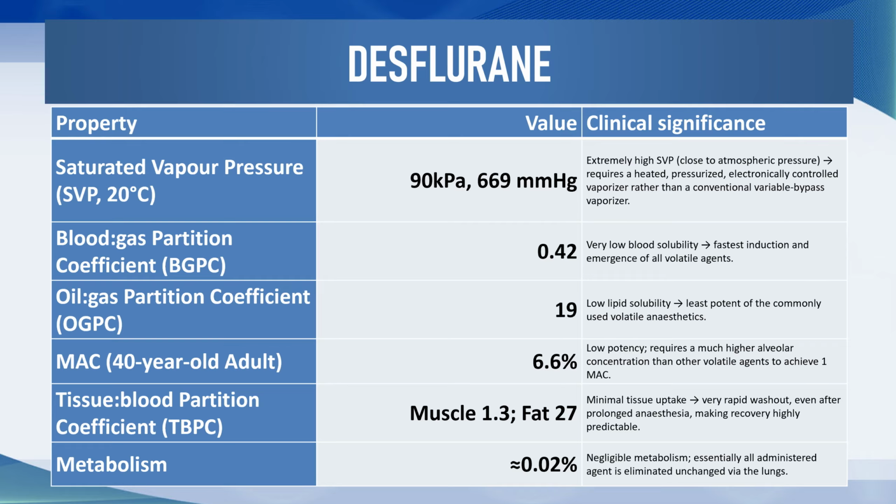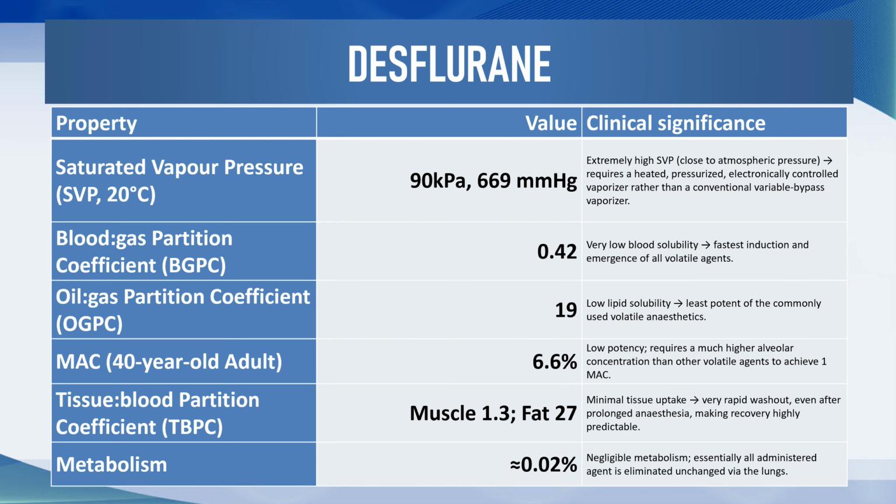Because so little desflurane is sequestered into fat during the operation, when it is discontinued at the end of the operation, patients emerge rapidly from anesthesia irrespective of their body habitus. Also, because there is so little metabolism of this agent, it can be used for very long operations without the risk of renal injury.